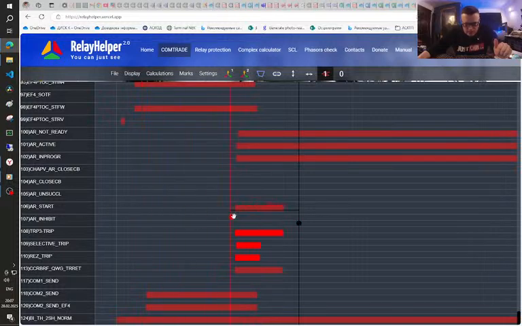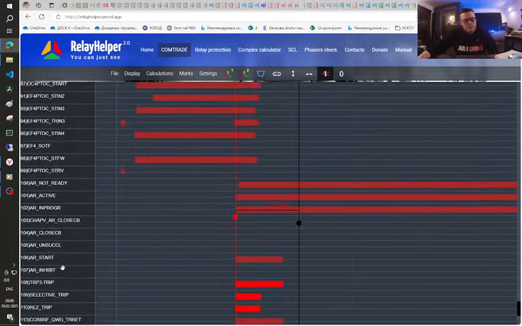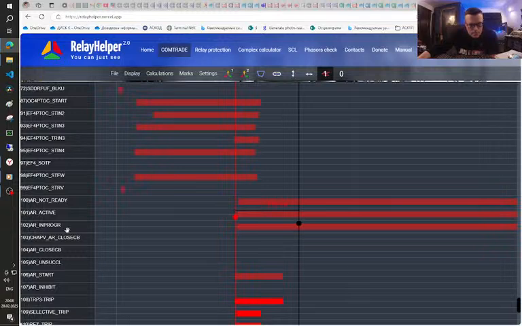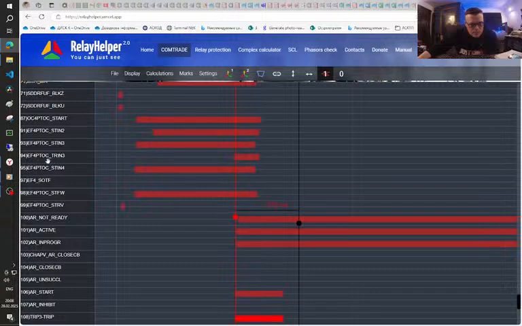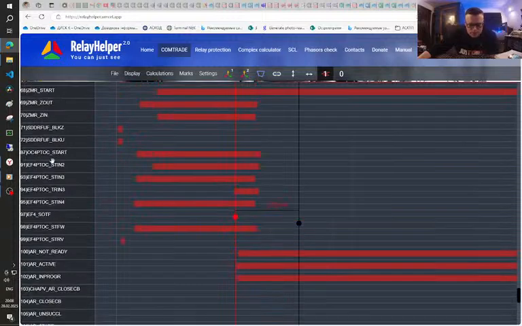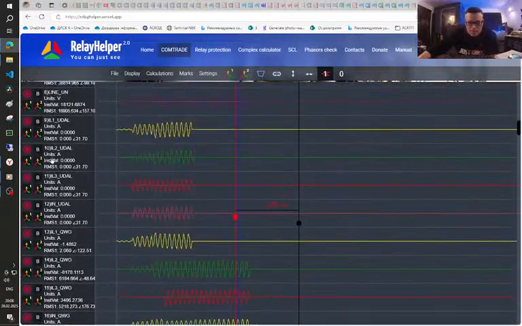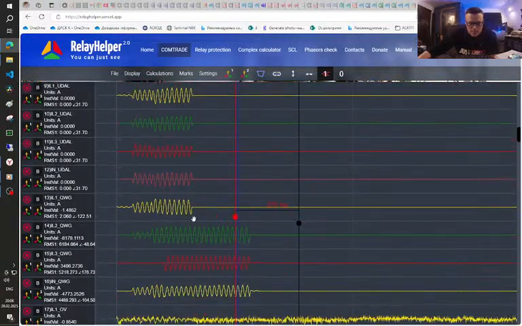So here we have a trip, and it was by the zero sequence overcurrent protection. Let's check timings.